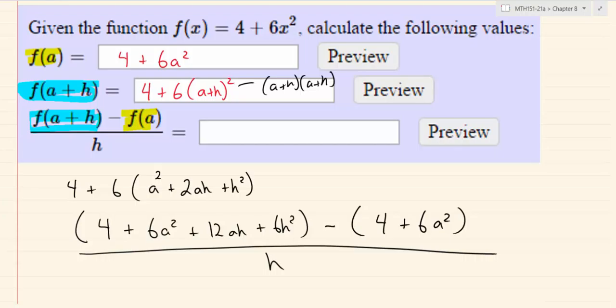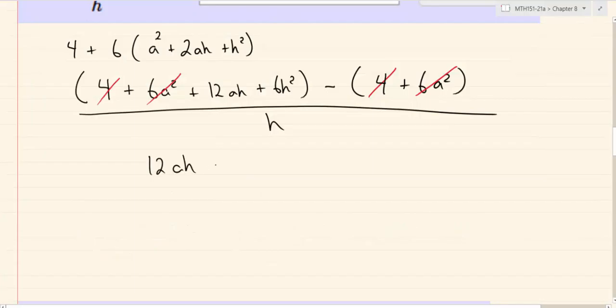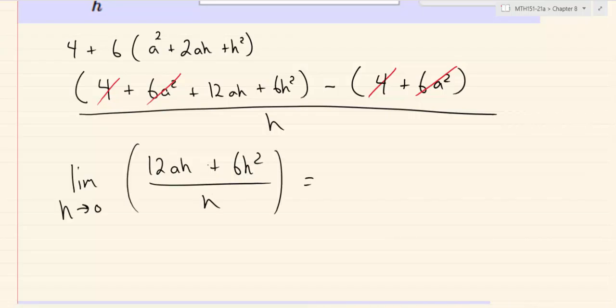Yeah, knock them out. What do you see? 4s are out. 6a squareds are out. 12ah plus 6h squared, all divided by h. If we were to take the limit right now, if we were to plug in a 0 right now, we're going to end up in that box where we've got a 0 in the denominator. So wouldn't it be nice if that h on the bottom would cancel with an h on the top?